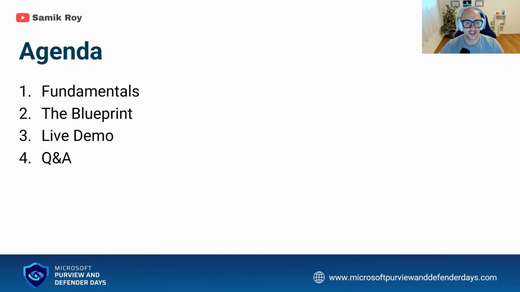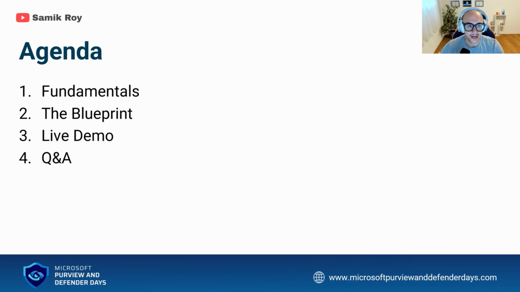So what's the agenda for today? First of all, I'd like to structure my sessions so that I start with the fundamentals, because not everybody has the same knowledge base. So I'd like to get everybody on the same page. Afterwards, we go into the topic itself, the blueprint for Copilot governance. It is the top 10 critical factors, but it is not the whole governance or compliance part. I just want to share with you a blueprint that I also use in my customer projects.